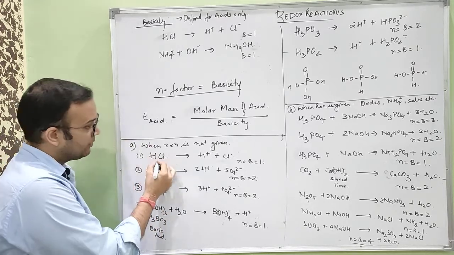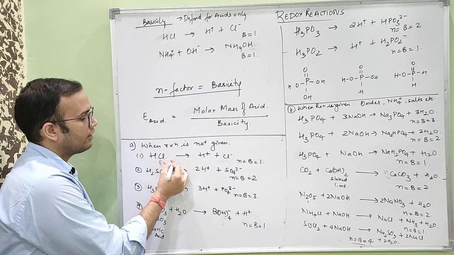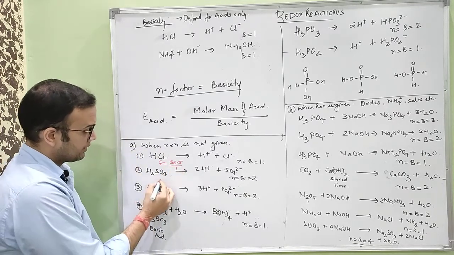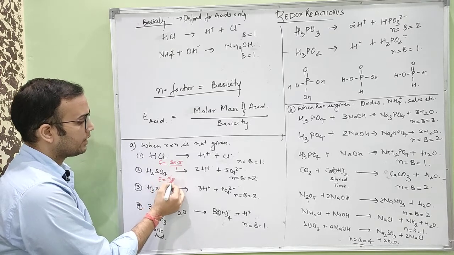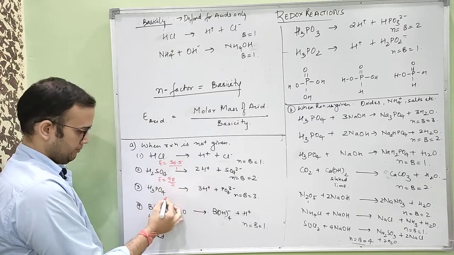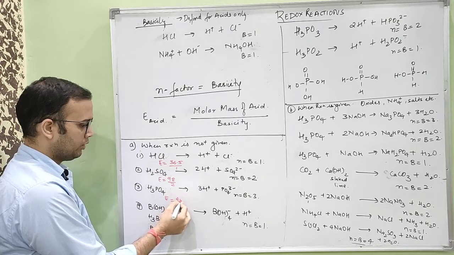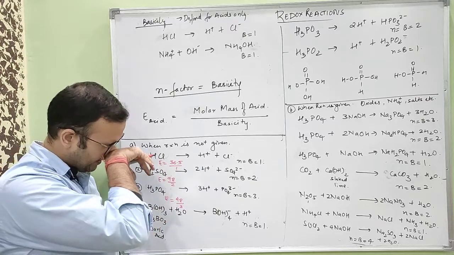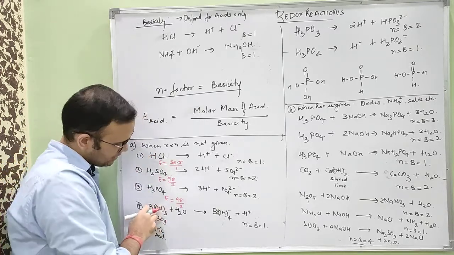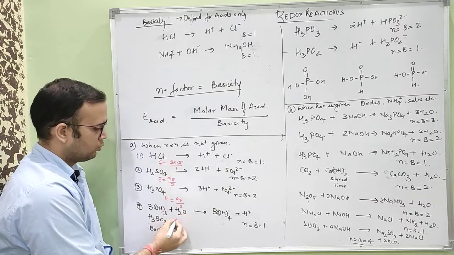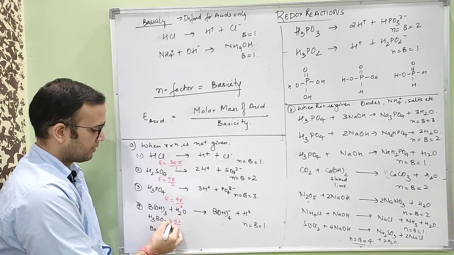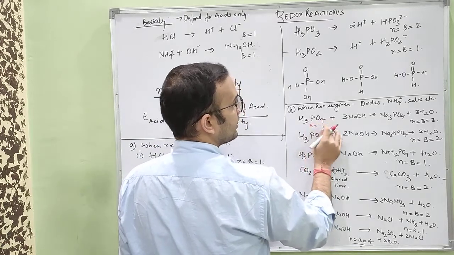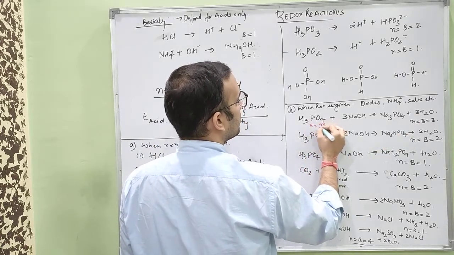Here E will be equal to 36.5 by 1. Here E equals 98 upon 2. Here again, B is I think 11 and 11 plus 51, 62 by 1. Here again you can see N equals 3, E equals 98 upon 3.